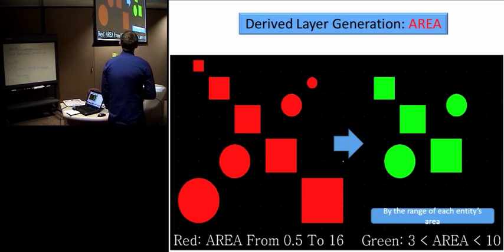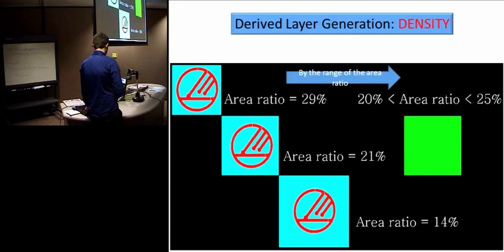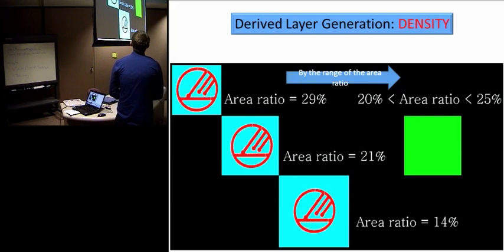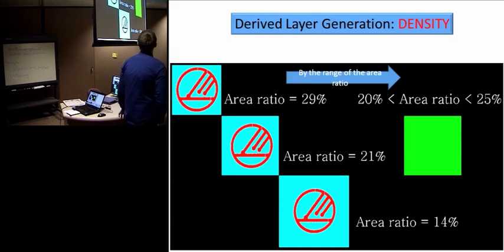We can create layers based on the area of each of the entities. So we set a particular range and it will create one layer, and then we continue by setting different ranges for the different layers. And also by density of the inner feature.